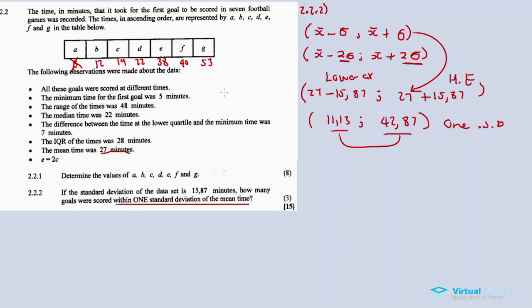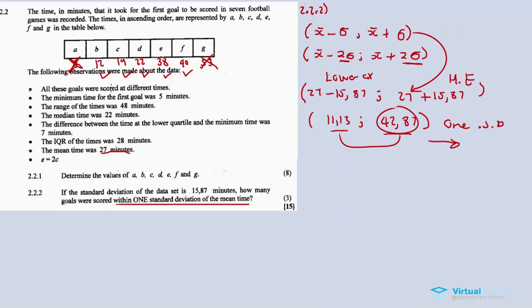Is 12 within this range? Sure. And 19? Sure. 22 between these two extremes? Sure. How about 38? Sure. How about 40? Sure. How about 53? 53 is outside, greater than 42.87, and 5 is lower than 11.13. So that's why 5 is out, as well as 53.